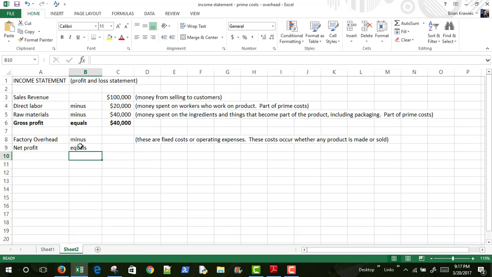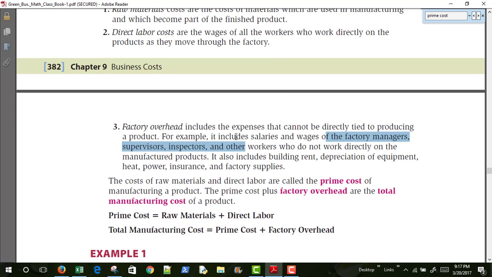Then what I want to do is subtract factory overhead. Again, these are the fixed costs, operating expenses. Again, factory overhead is explained right here. Expenses that cannot be directly tied to producing a product. They're very general expenses for running the factory.